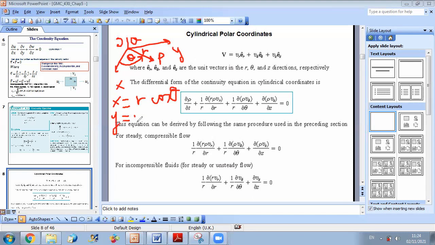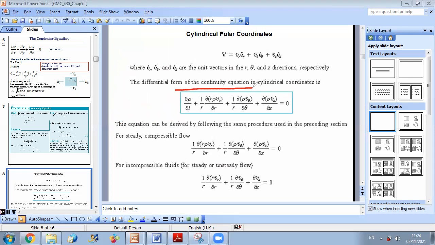Okay, so we can show that the differential form of the continuity equation in cylindrical coordinates is of the following form. To demonstrate it, we just need to do the same procedure we did in Cartesian coordinates. So we take a certain control volume and we apply continuity on it. We find the expression of the different mass flow rates.